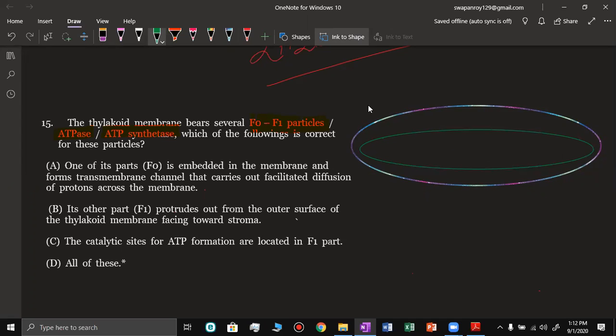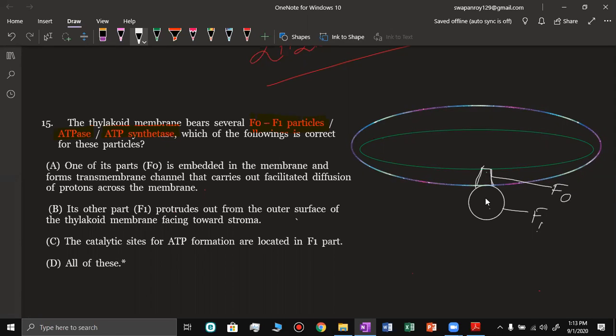Okay, so this is the thylakoid membrane, and within this there is F1 and this is F0.